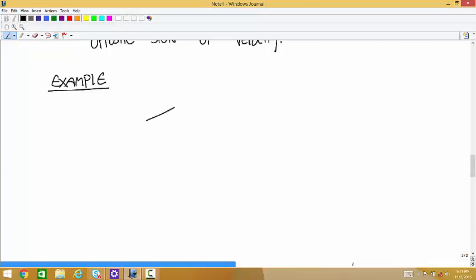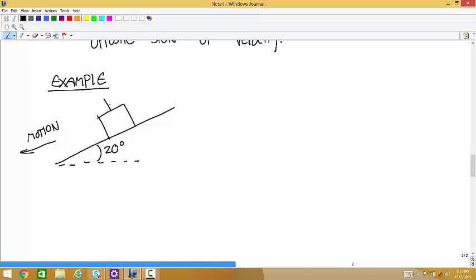Okay, so let's say that we have an object sliding along a 20-degree incline. And let's say the direction of the velocity is this way, so that's the direction of motion. At this instant, it's sliding down the incline.